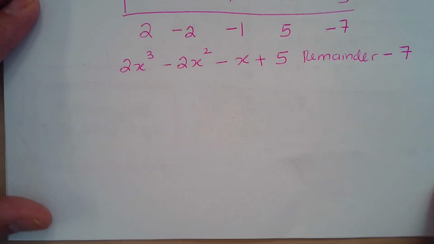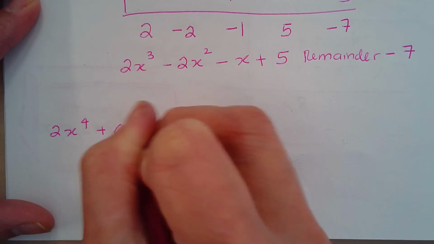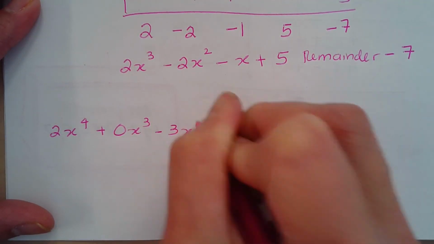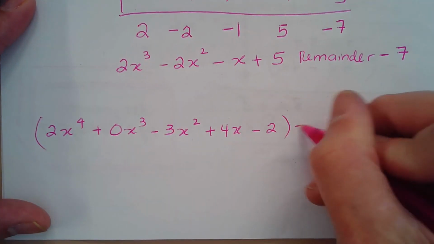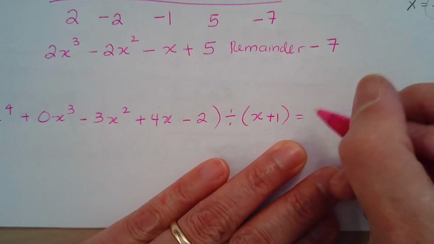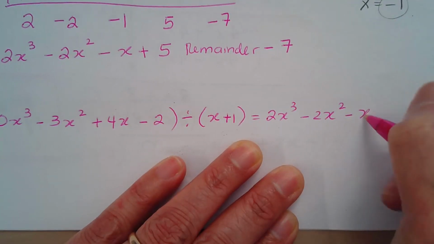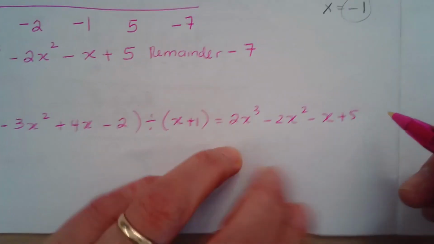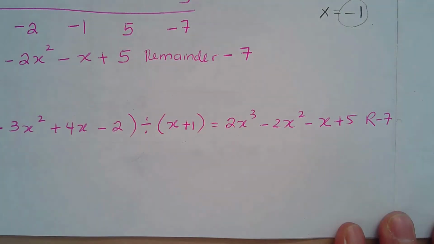So if we want to write it out, it becomes 2x to the 4th plus 0x cubed minus 3x squared plus 4x minus 2, divided by x plus 1. It's going to give us 2x cubed minus 2x squared minus x plus 5, remainder negative 7. Okay? Is that okay?